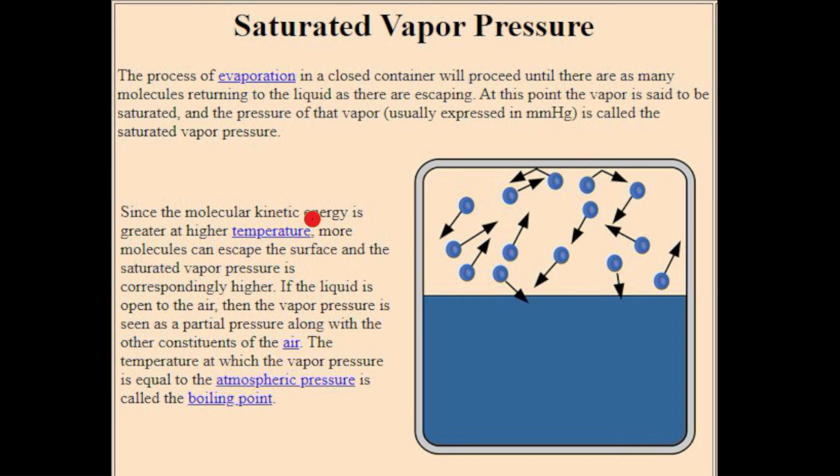Since the molecular kinetic energy is greater at higher temperature, more molecules can escape the surface, and the saturation vapor pressure is correspondingly higher. If the liquid is open to the air, then the vapor pressure is seen as a partial pressure along with the other constituents of air. The temperature at which the vapor pressure is equal to the atmospheric pressure is called the boiling point.